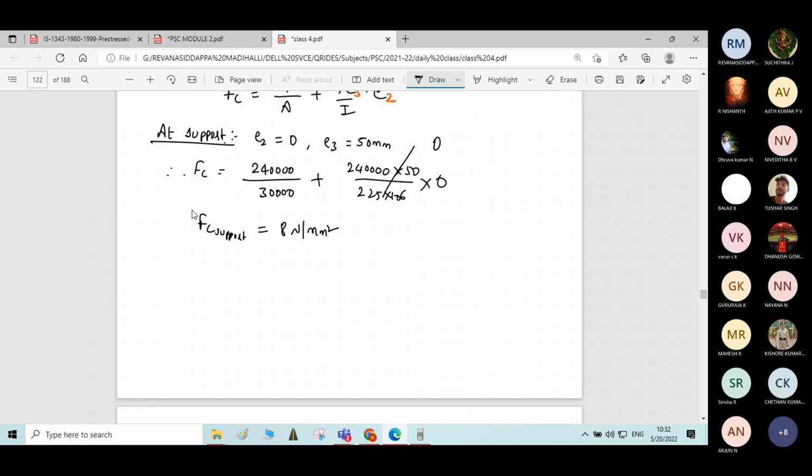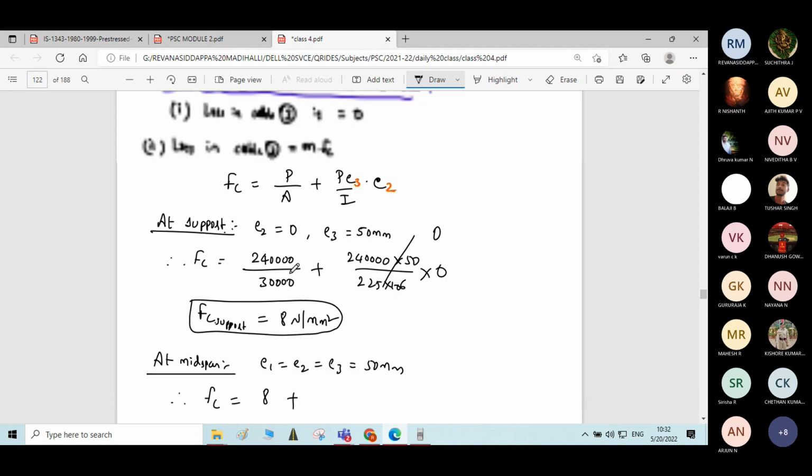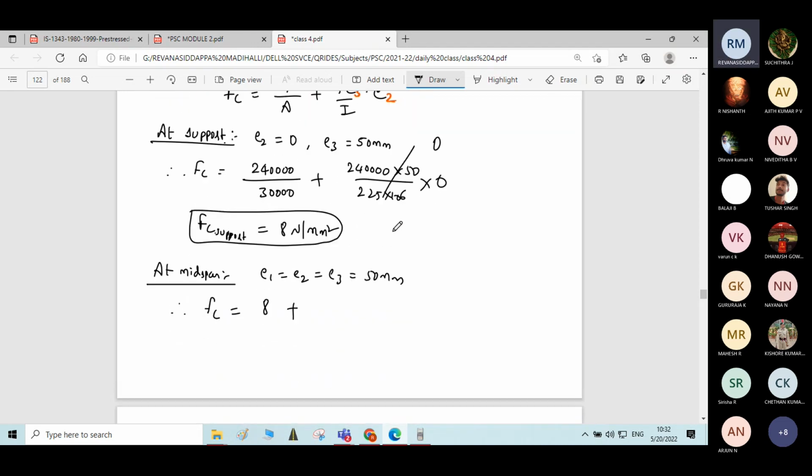And at midspan, all the values are constant. E1 is equal to E2 is equal to E3 is equal to 50 mm. Therefore, FC is equal to 8 plus PE3 by I into E2.